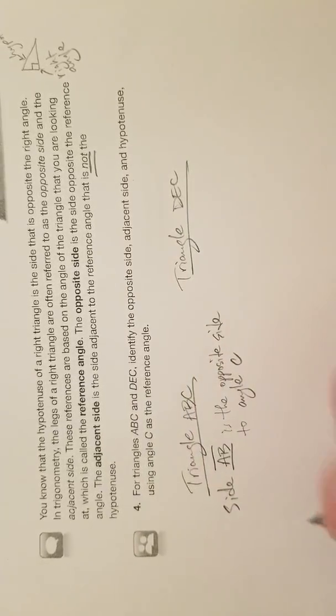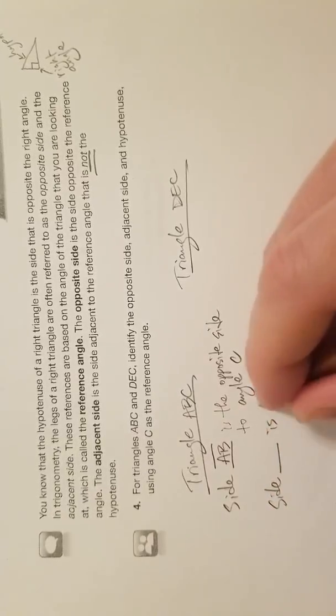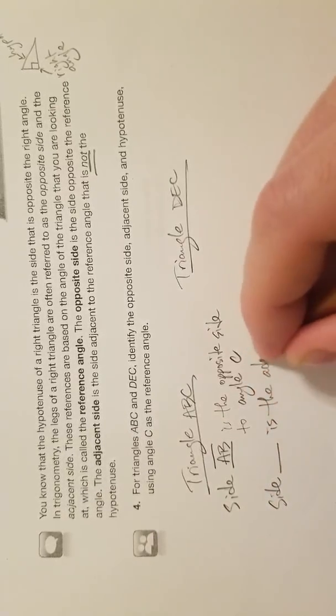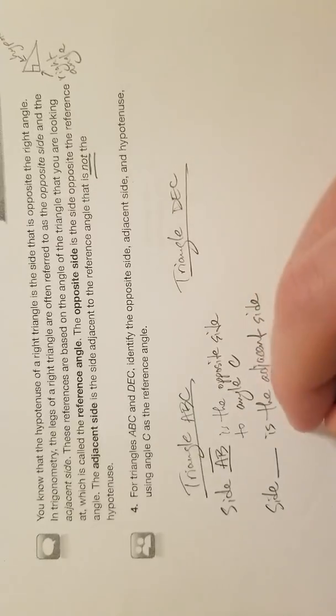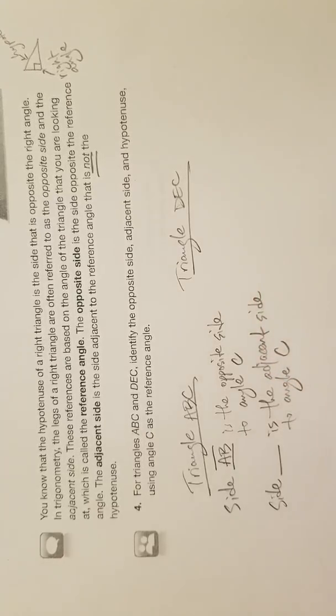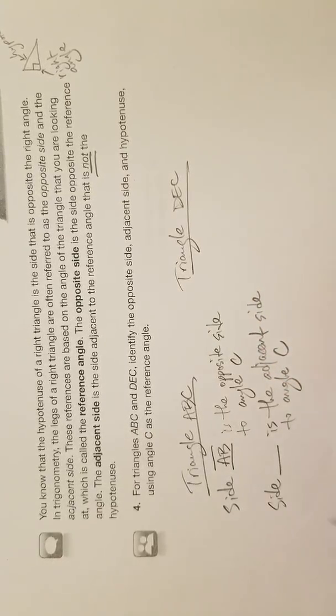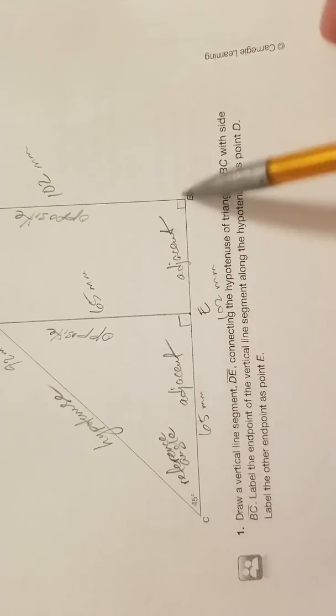Which side is the adjacent side to angle C? Okay, think about it for a second. Which one's the adjacent side of ABC? That's the big triangle. Okay, let's take a look. The adjacent side is BC, this long side right here.